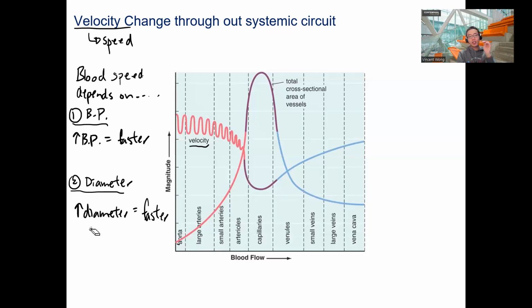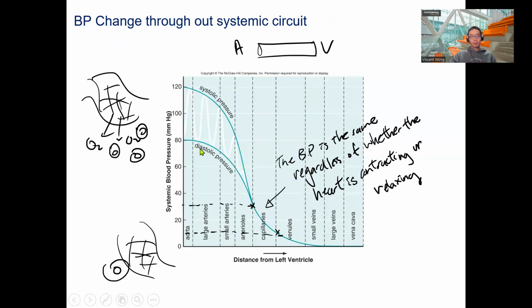So if we just look at diameter alone without thinking about pressure, then high diameter would become faster, whereas low diameter would become slower. But in reality, it's a combination of both, right? So you can see here the velocity is actually going up and down, up and down at the beginning, and that totally makes sense because if you look back here, the pressure is going up and down at the beginning, right?